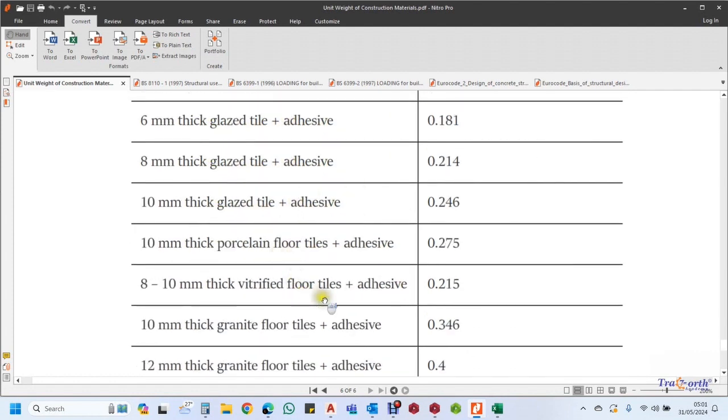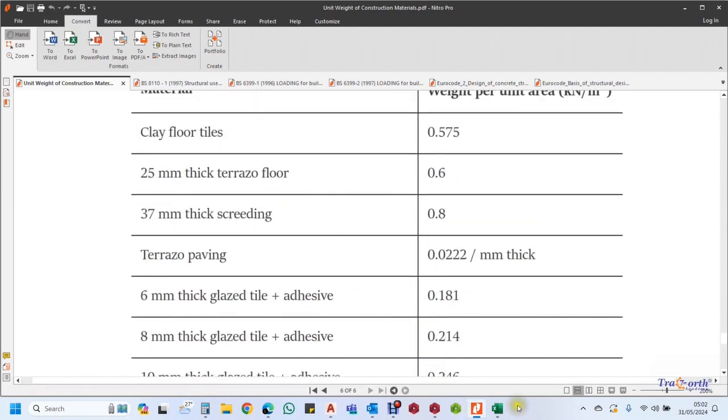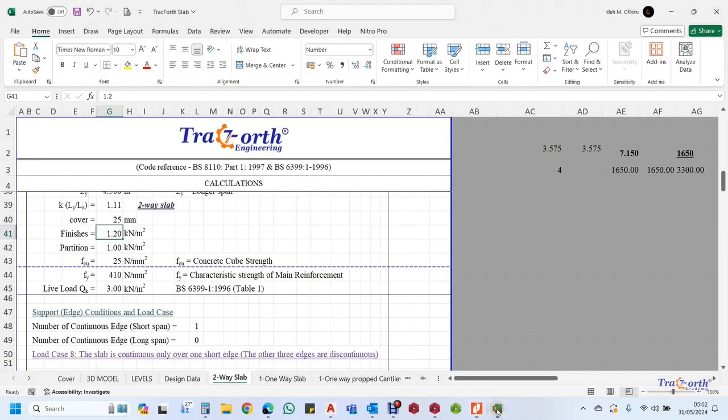So you must determine the finishing, and that will give you the load here, which is 1.2 kilonewton per meter square. All this you must determine what the actual value is, so that you will not under-design your slab.